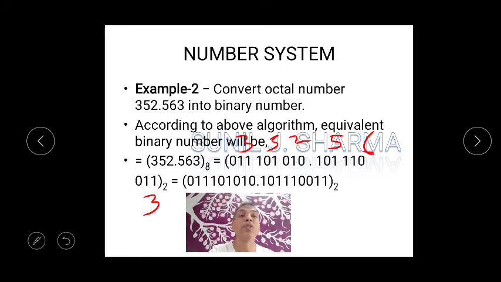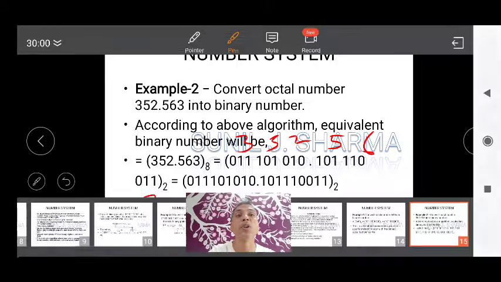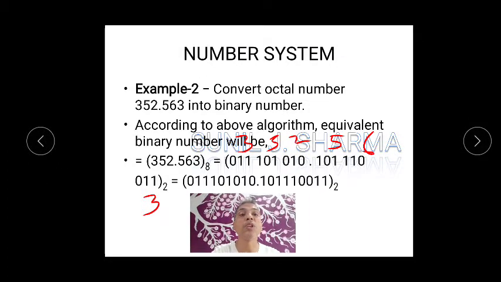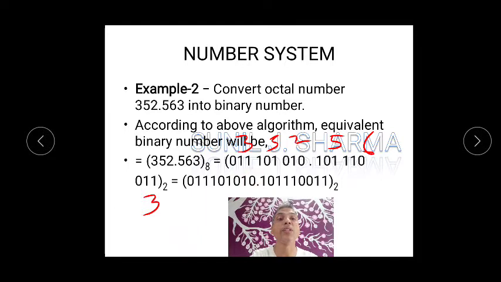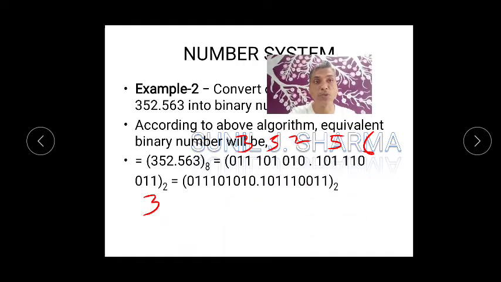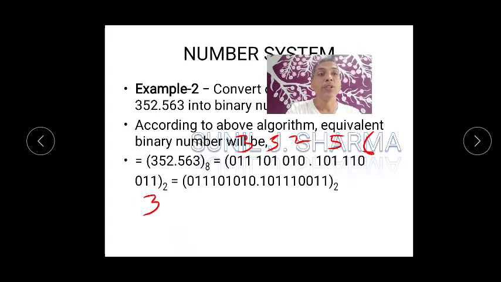Then you can write them together. This is for 2, so here we have written them all together: this is for 5, this is for 3, and again 5. So I think it is very simple to change octal to binary and binary to octal.